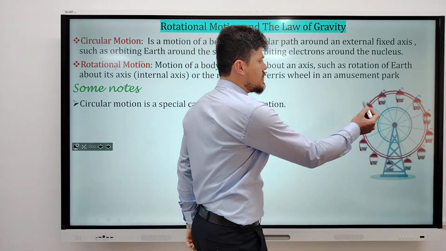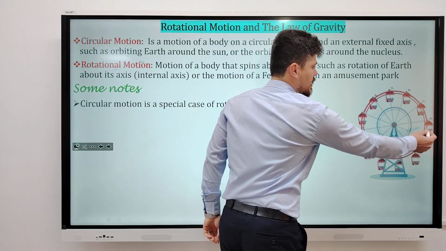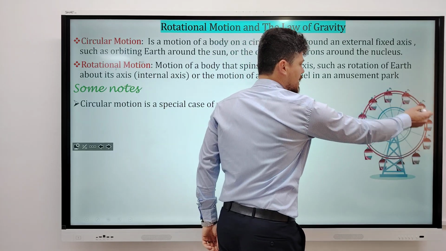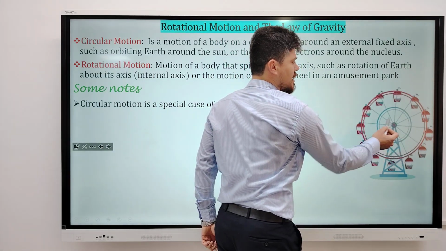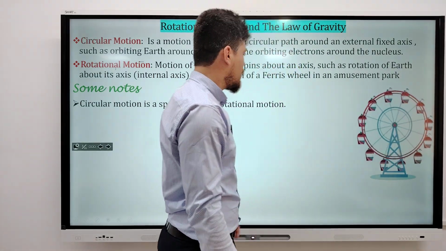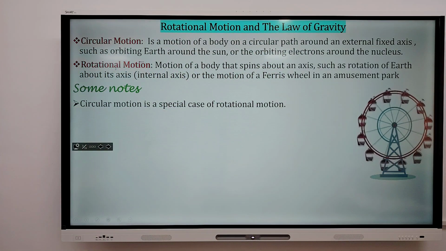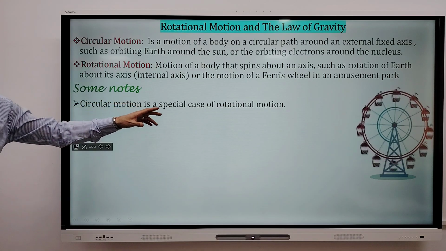What is the type of motion of the chairs? It is circular motion. Why? Because this chair is moving around an external axis. So that is why circular motion is a special case of rotational motion.